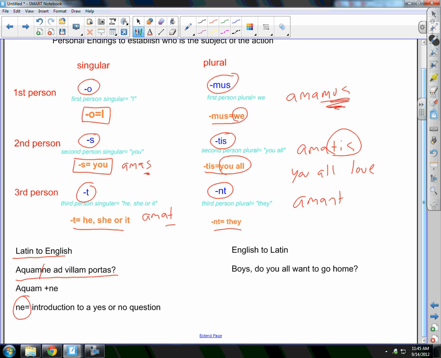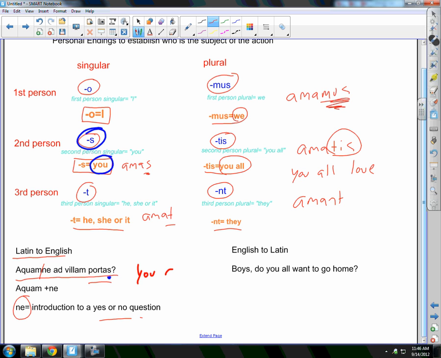The ne is just an addition to the first word of a sentence in order to create that yes or no question. So what I do here is I look at the verb, it is portas. If I look up here at this S, because that's what it ends in, that tells me that you is the subject of that sentence. So I have you carry, right?